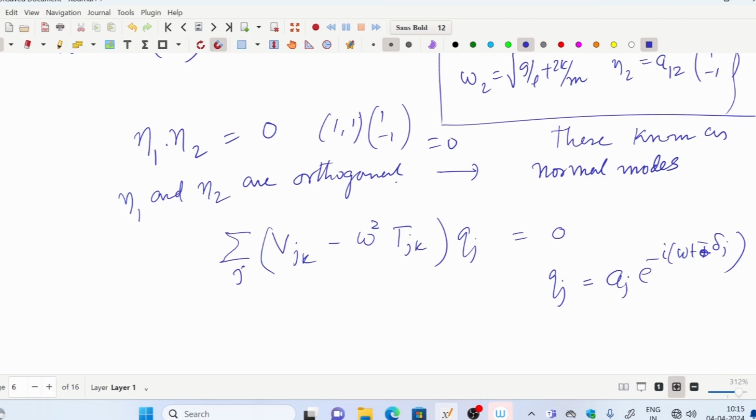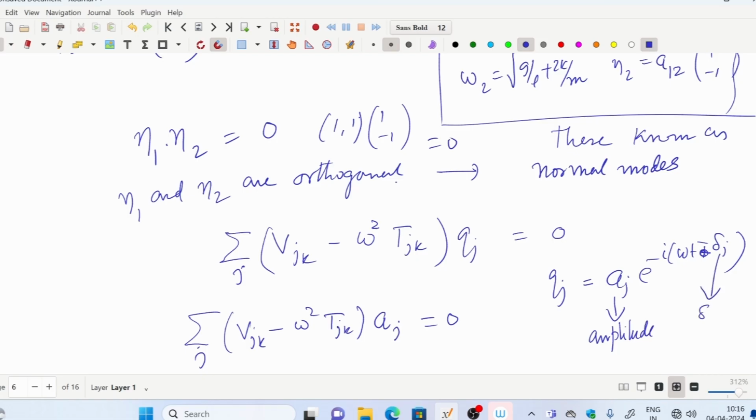If you substitute this, you will get the equation V j k minus omega square T j k in terms of the amplitude a j equal to 0. So this a j is the amplitude, and this is the phase.